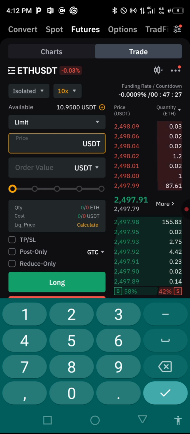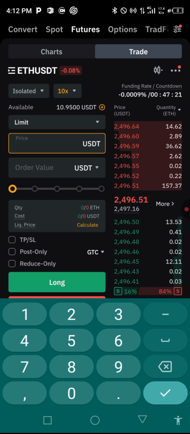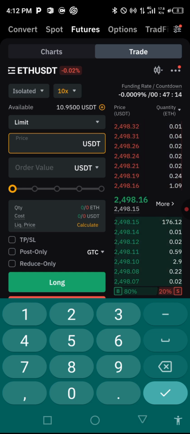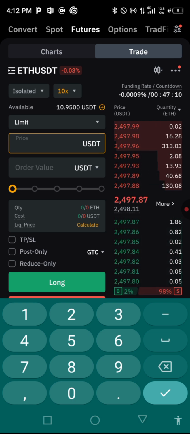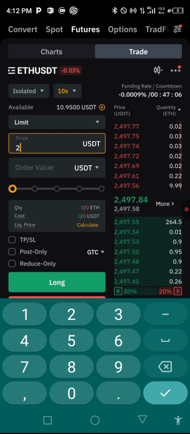So we are assuming that once the price of Ethereum comes down to, let's say, 2,000, right, it will still go up again. So let me say 2,500, right? So we now put here 2,000. So you say once the price comes down to 2,000, this trade will be triggered, right?